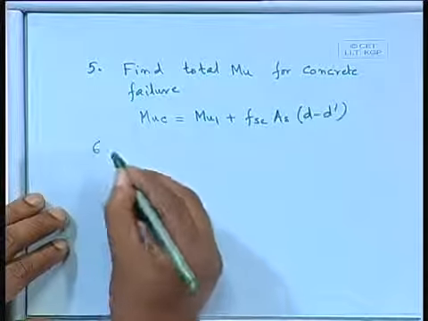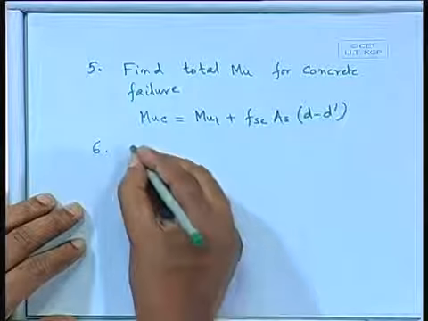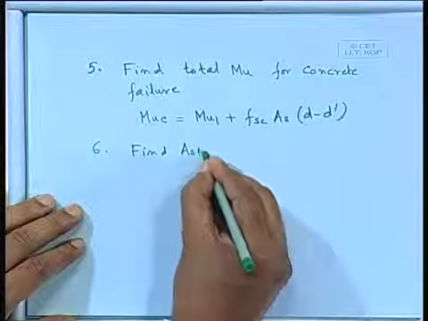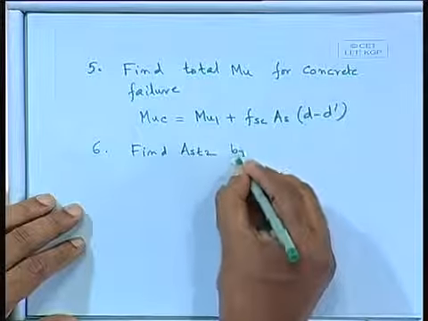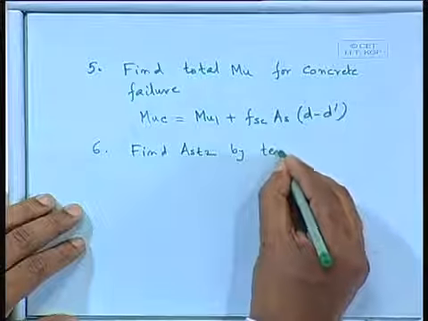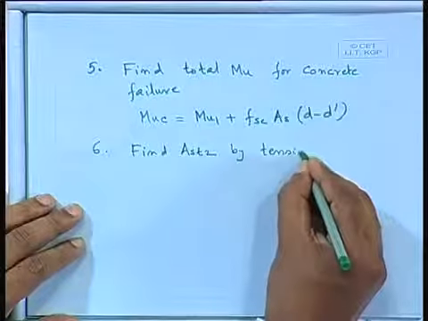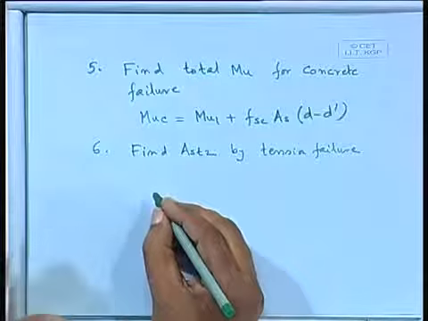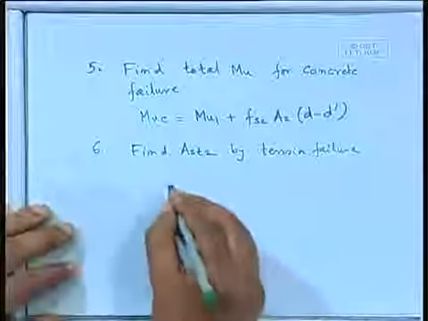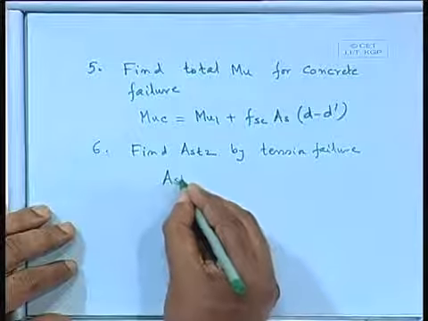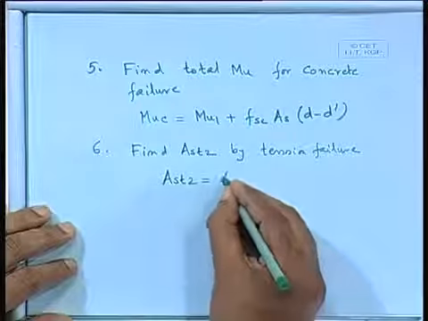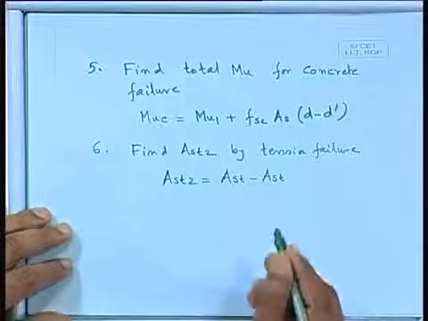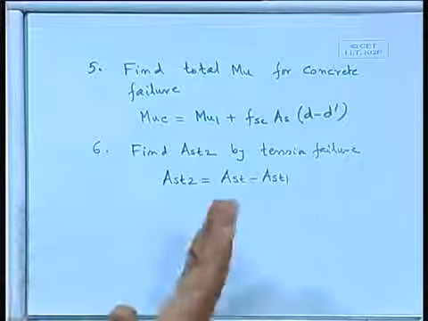Number 6, find AST2 by tension failure. We are analyzing the beam where AST is given. So, I can write AST2 will be equal to AST minus AST1, because we are having two parts.